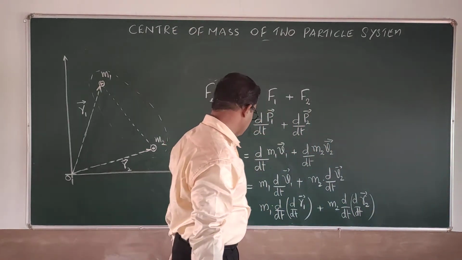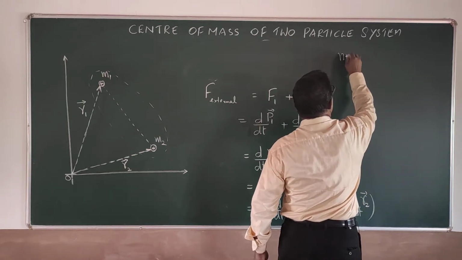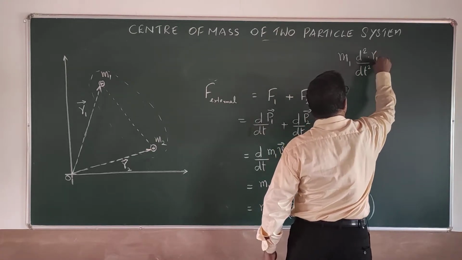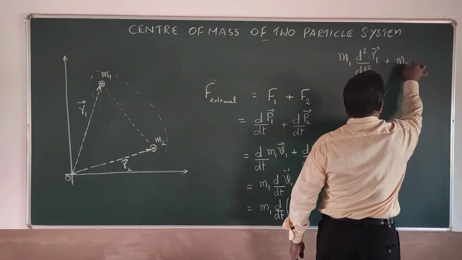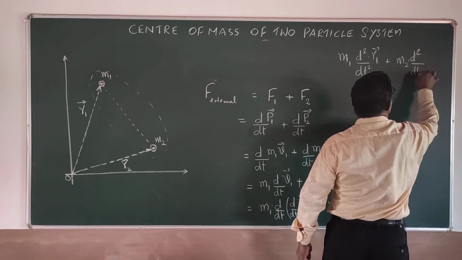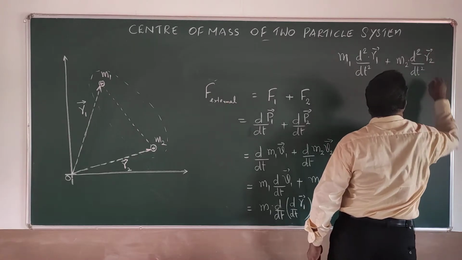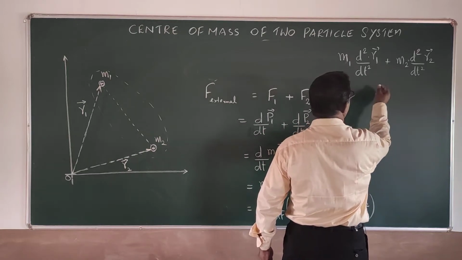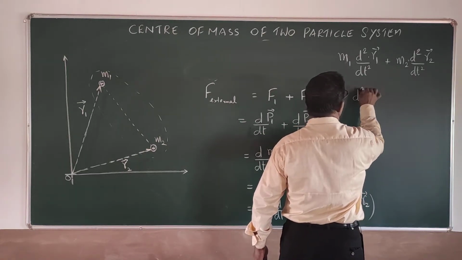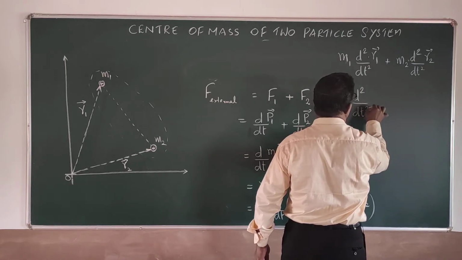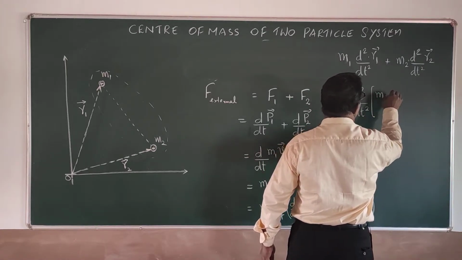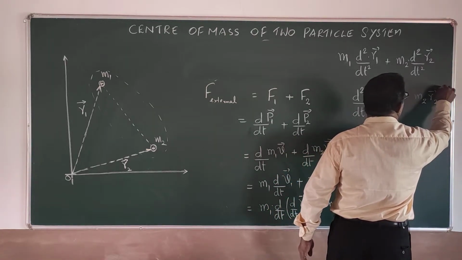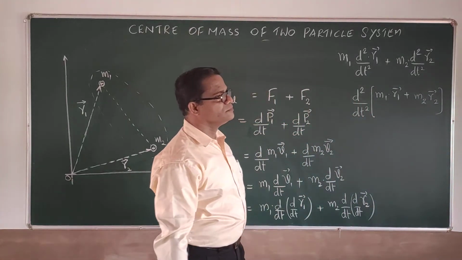Now, as we continue with this, we can have the equation rewritten as m1 into d square by dt square of r1 plus m2 into d square by dt square of r2, or I could rewrite this as d square by dt square of m1 r1 plus m2 r2.